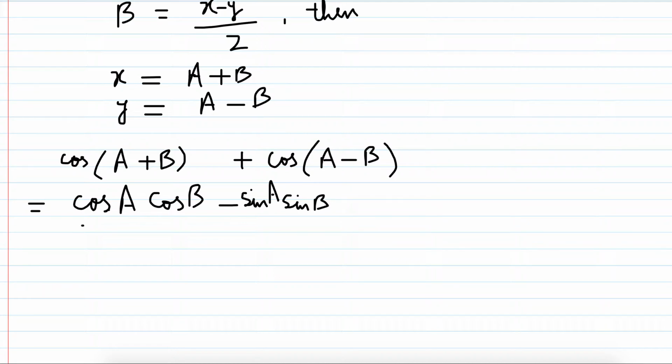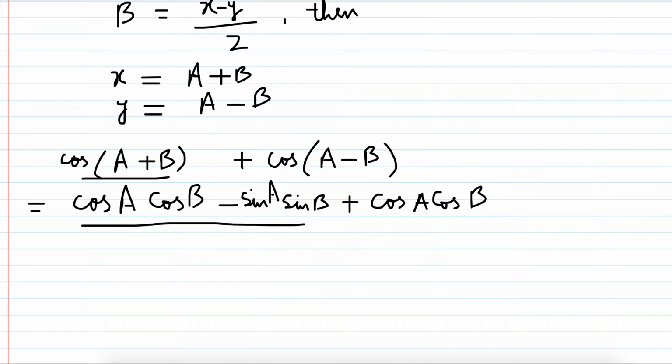This is the expansion of the first term, cos a plus b. Now we will expand cos a minus b, which is cos a cos b plus sin a sin b. This is the second term, cos a minus b.